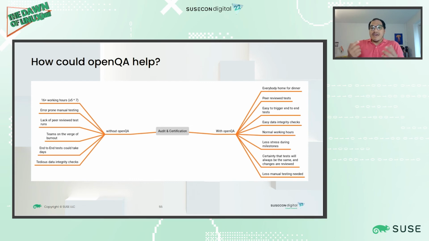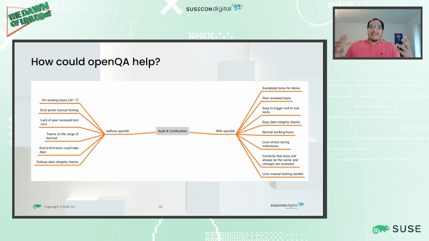And OpenQA can help with the auditing because, let's say that you have to go through Common Criteria, or HIPAA, this one that is for healthcare. OpenQA can help you to achieve a lot of things to ensure that everything is being put in the right place and that it won't fail.